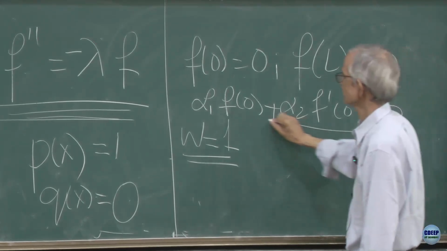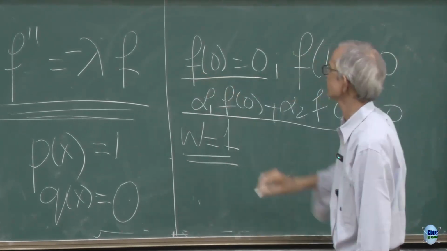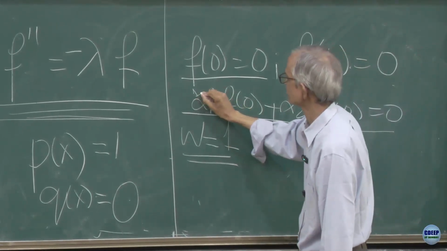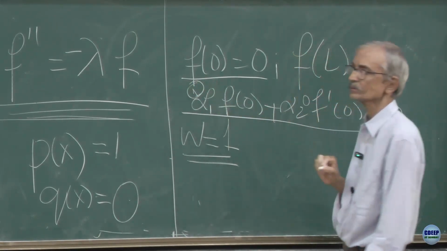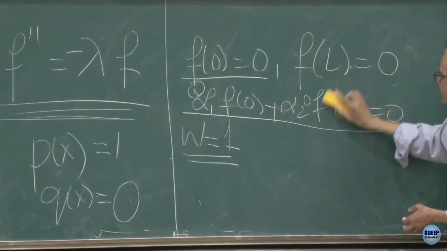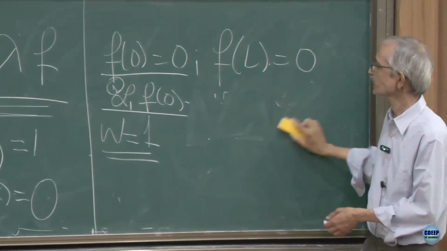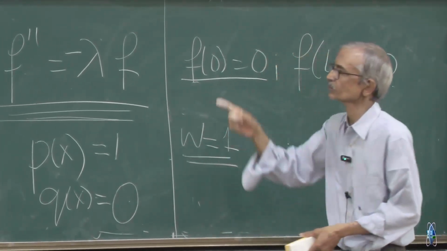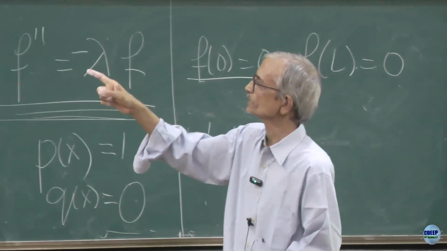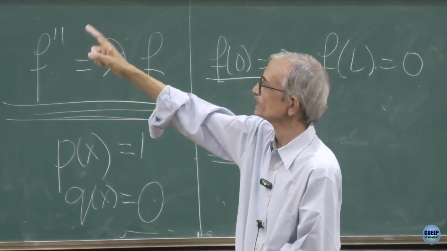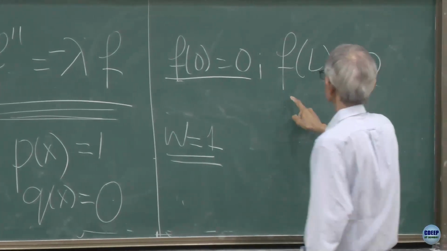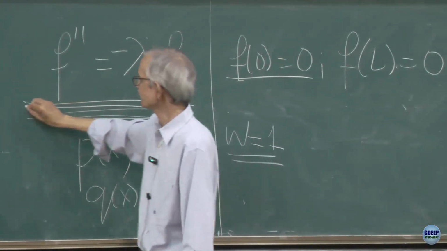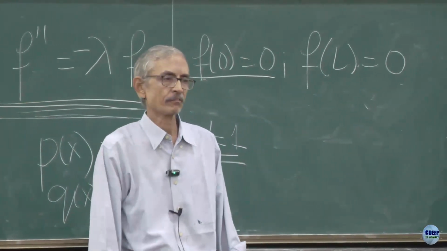If this is the condition, and this is what I am trying to mimic, so to speak, this coefficient is equal to 1 and this one is equal to 0, so this term is gone and alpha 1 is equal to 1. Similarly, you can show beta 1 is equal to 1, alpha 2 is 0 and beta 2 is 0 because the gradient terms were not there. So this is in the Sturm-Liouville form.